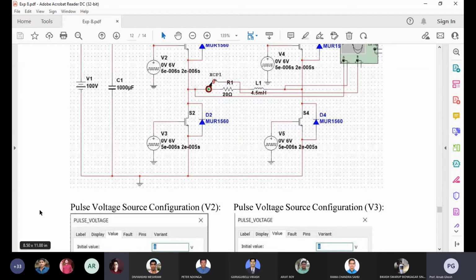A 4 quadrant chopper means sometimes the voltage is negative, sometimes the current is negative. In the first quadrant, voltage and current both are positive, and in the third quadrant both are negative, but in both cases power is positive.